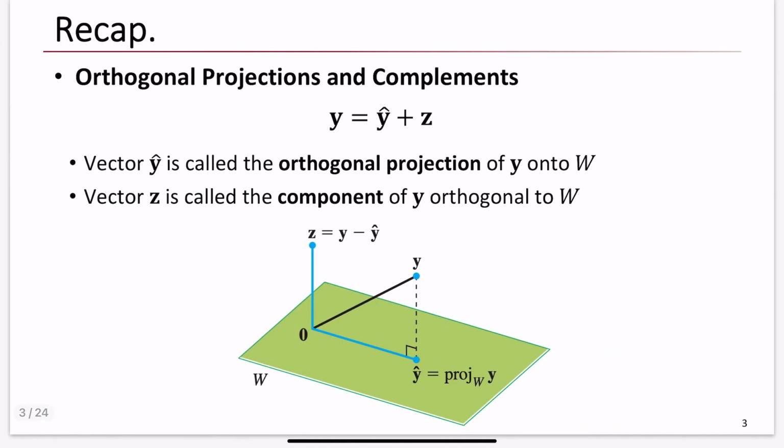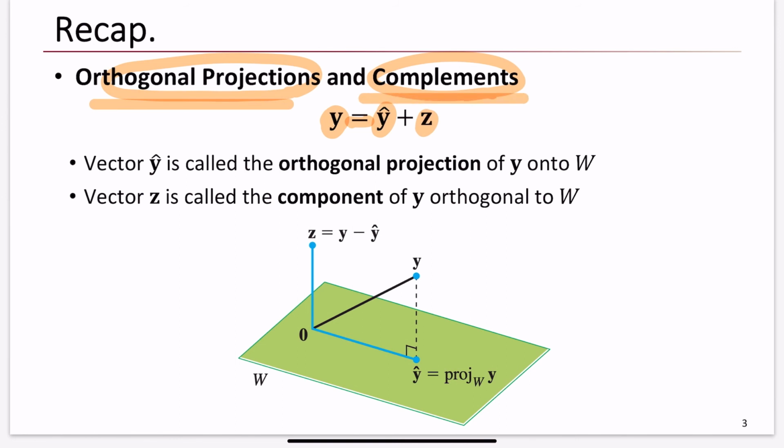First of all, before starting, let's review the concept of orthogonal projection and orthogonal complement. Right? So, if vector Y is here, Y hat was the orthogonal projection, and vector Z was the orthogonal complement.